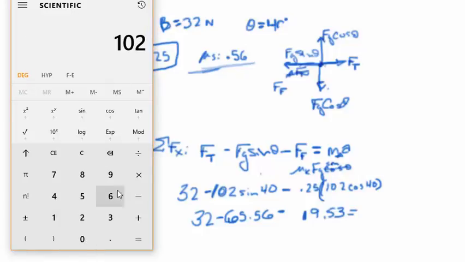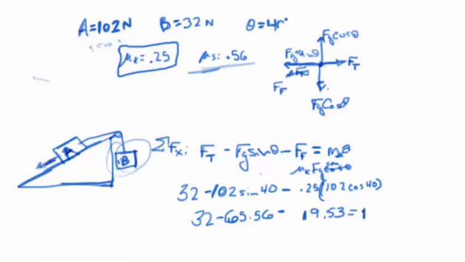So 102 divided by 9.8. That makes more sense. 10.4.